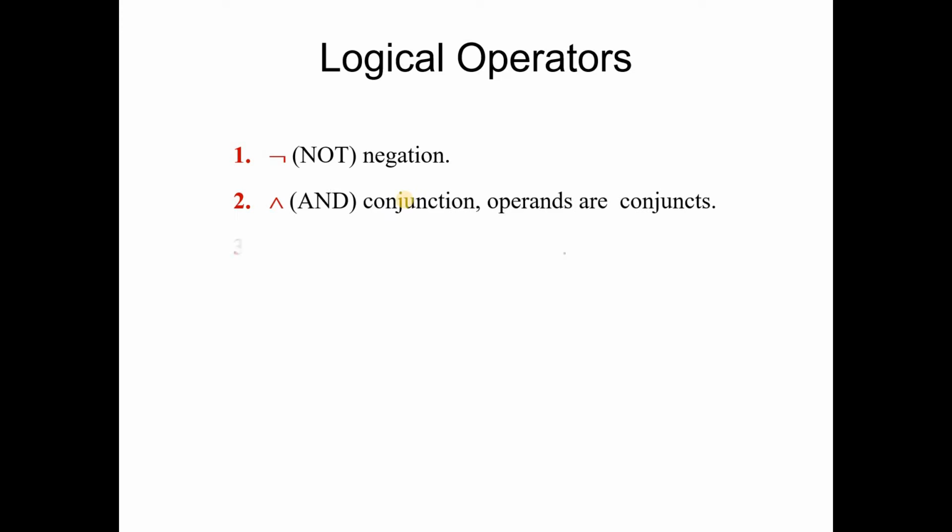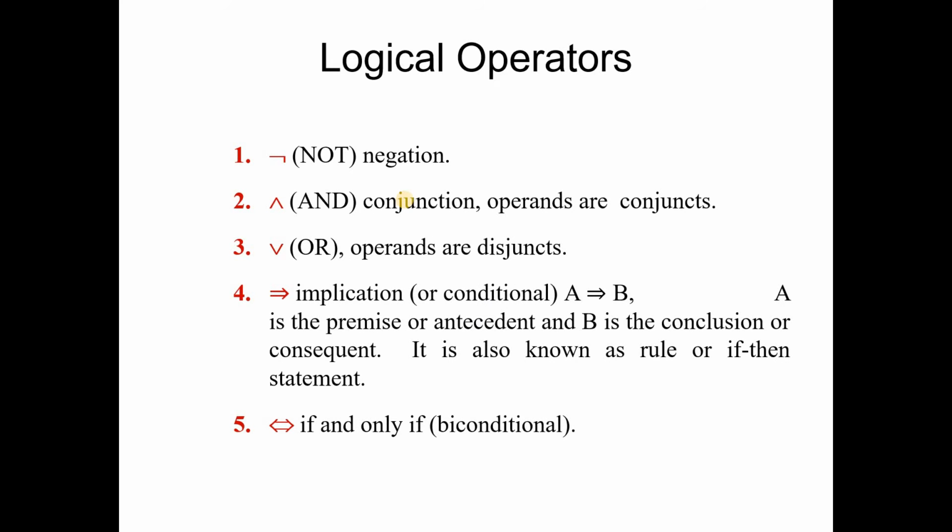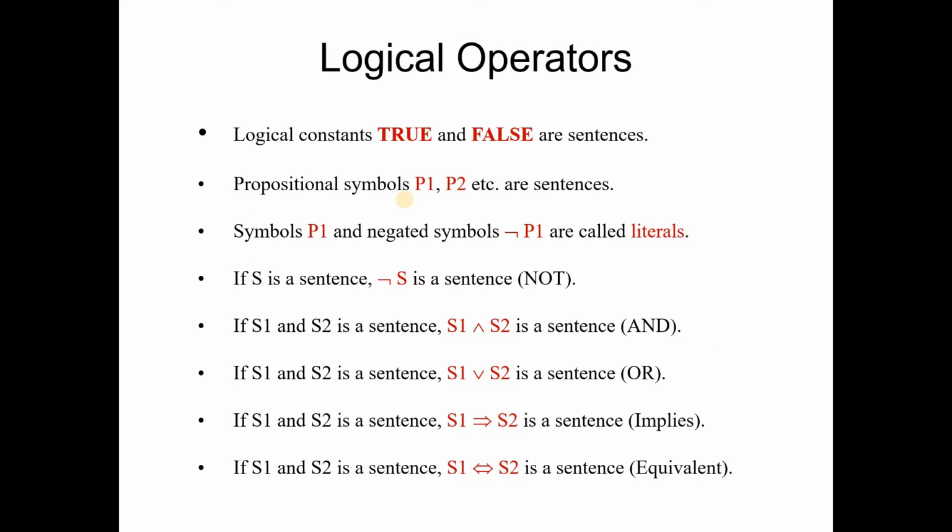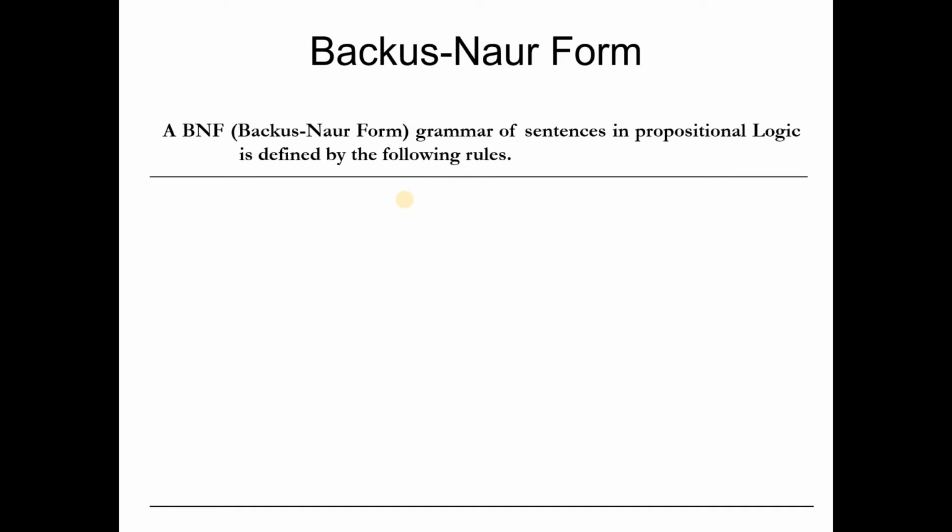So we discussed all these things. We saw the syntax. We have these five operators in this language. Then we saw the BNF form, and BNF is used to represent the grammar of any language constructs. Here it is used to represent the grammar of sentences.